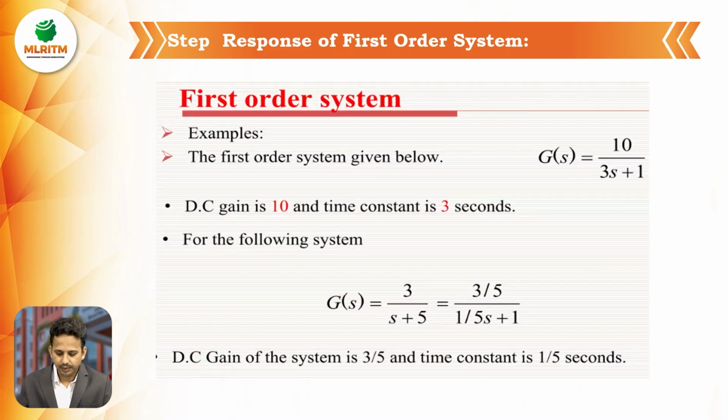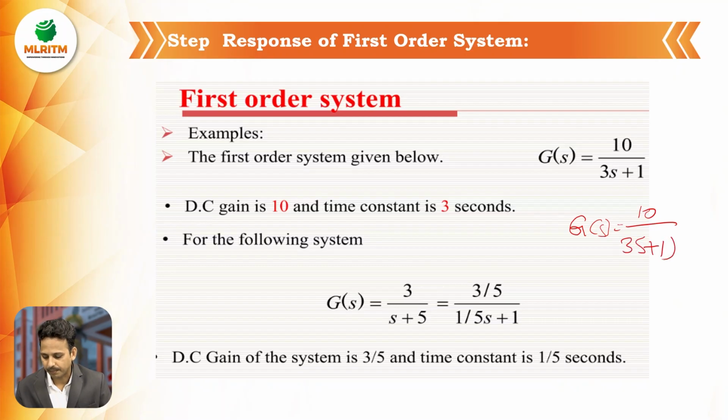So for example, I am taking a forward path gain G of S equal to 10 by 3S plus 1. I am taking 3 as common.